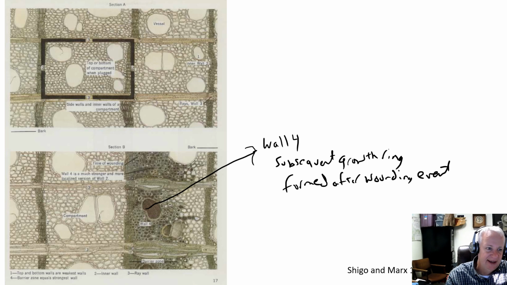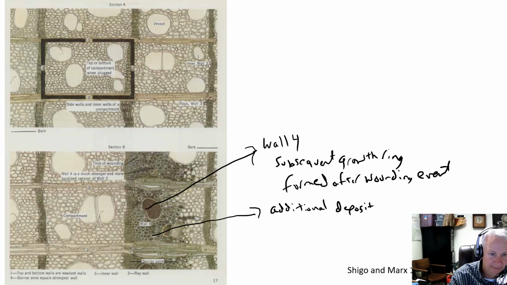And what you can see is that in addition to the sort of natural mechanical barrier that occurs at growth rings, there also is additional deposition of, I would say, depending on the species, these are likely polyphenols or resins or gums, and they're probably also additionally lignified.